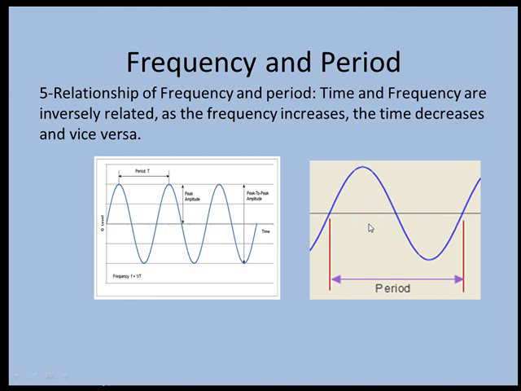Now what's the difference? Here we only have 1 cycle versus here we have 3 cycles. So frequency and time are inversely proportional. As the frequency increases, the time required for a full cycle decreases, and vice versa. If the frequency decreases, that means the time required for 1 cycle will increase. So keep that in mind as we move forward.